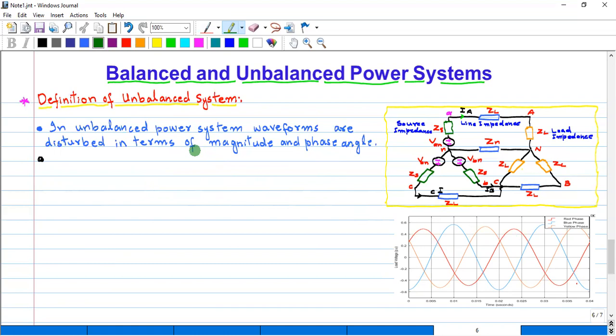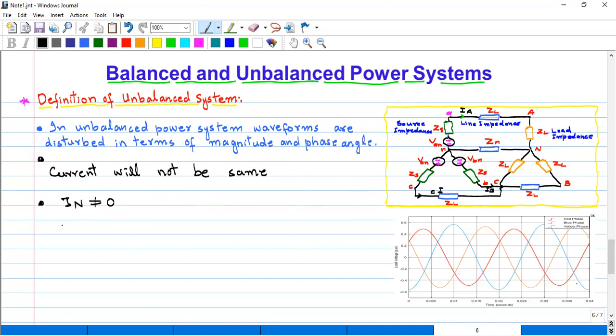The second most important parameter is that the current flowing through each phase is not the same. The third most important parameter is that the neutral current will not be equal to 0. If all the currents are not the same, then the neutral current will not be equal to 0.